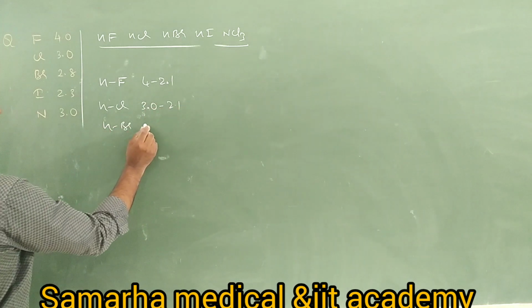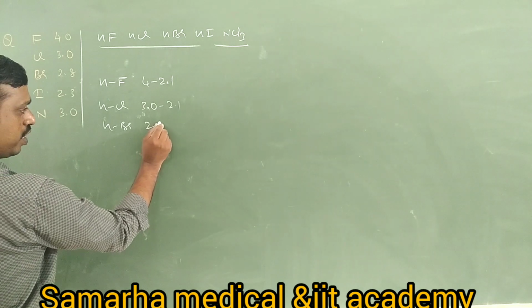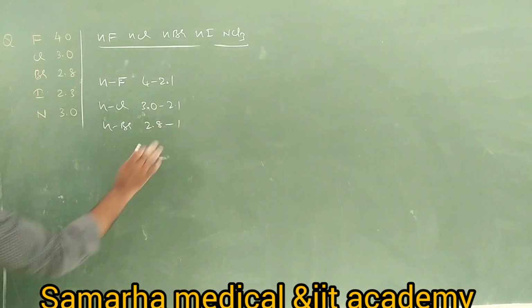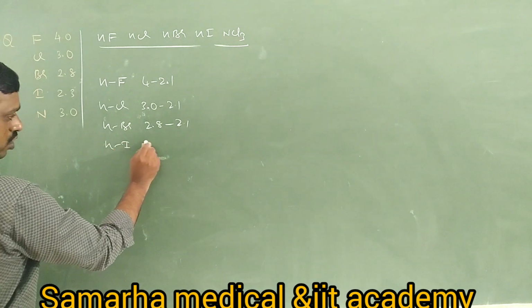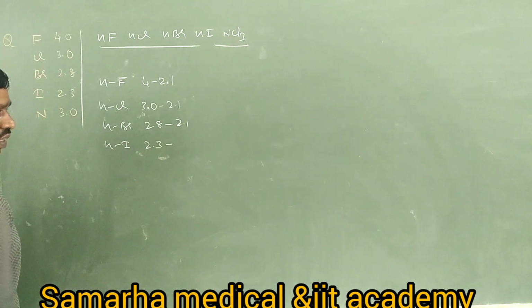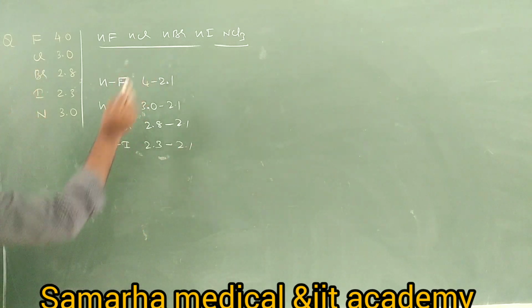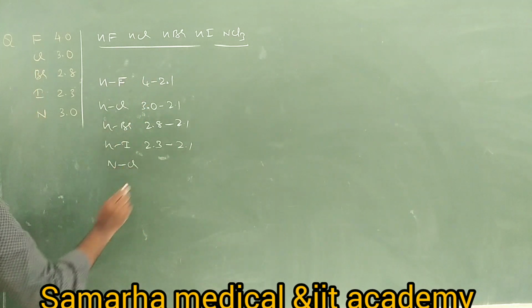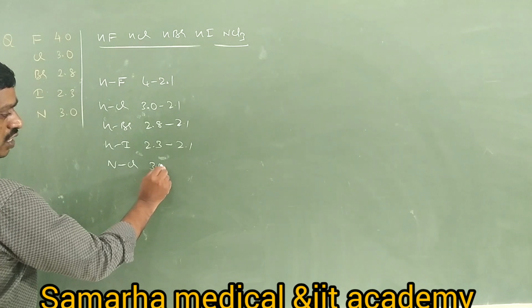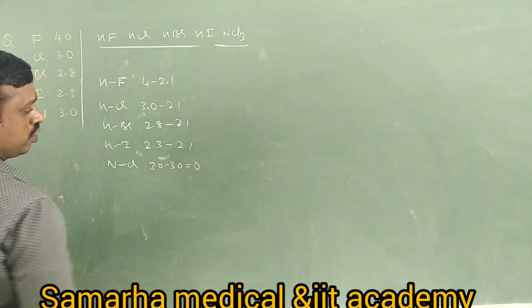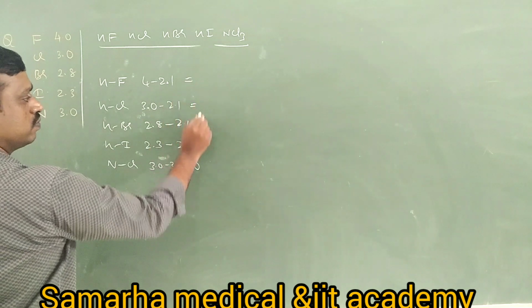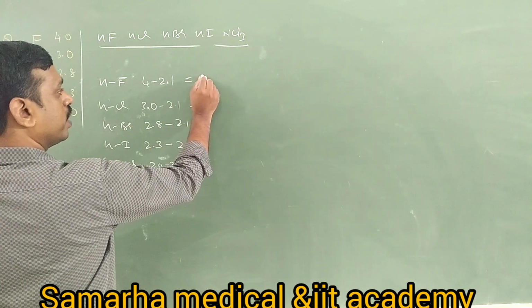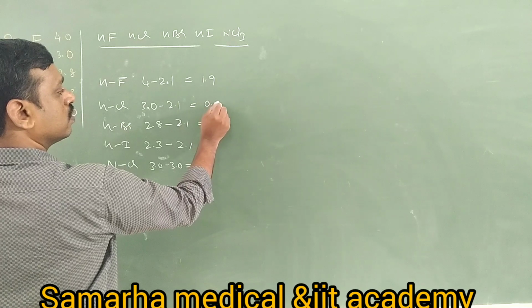HBr: 2.8 minus 2.1. HI: 2.3 minus 2.1. Next is NCl3: N is 3.0 minus 3.0. HF is greater. You just tell me the value.